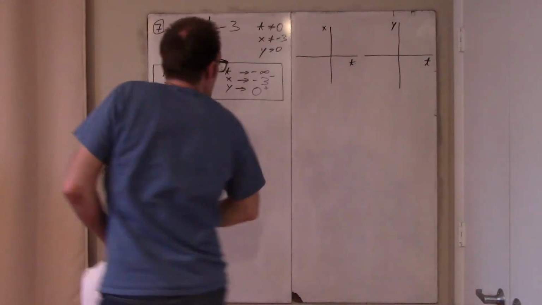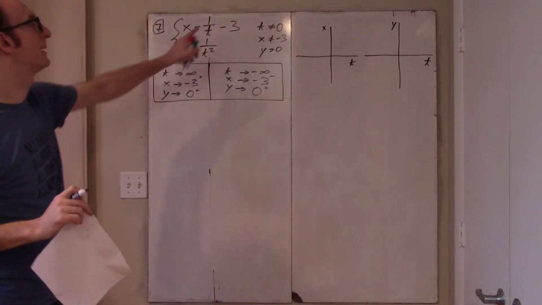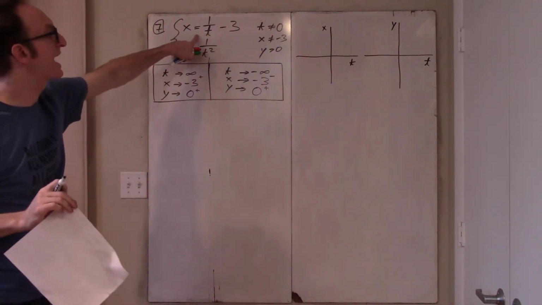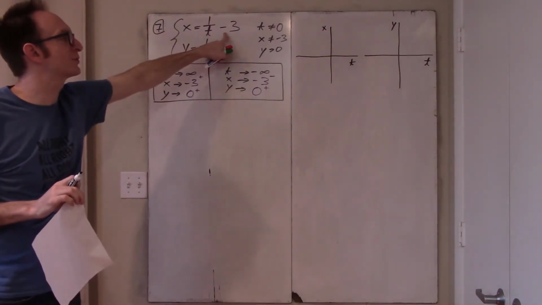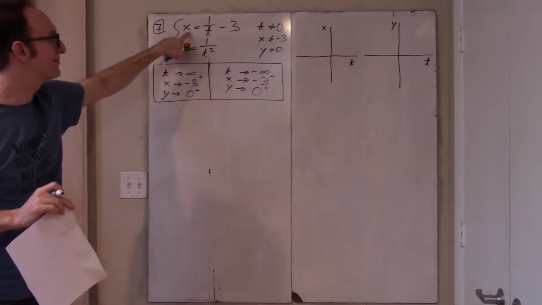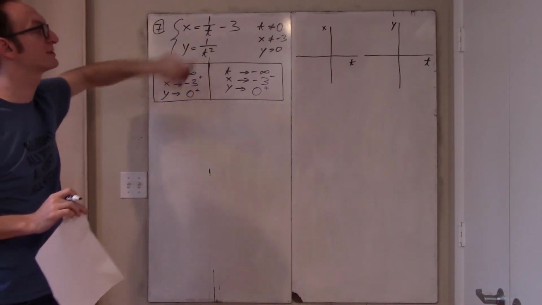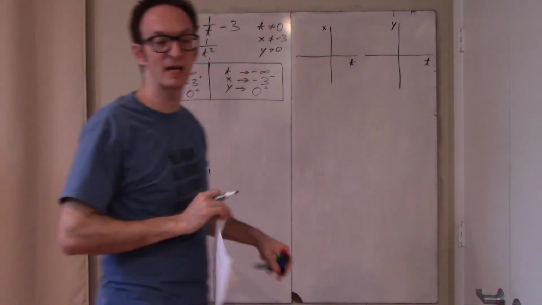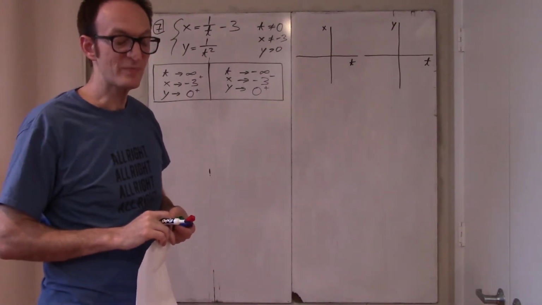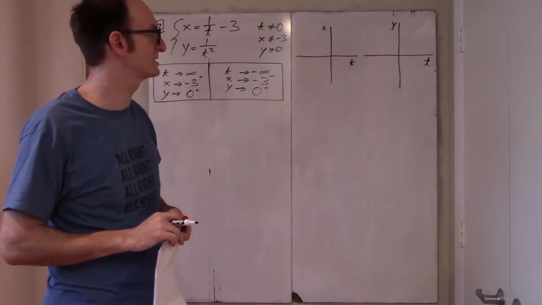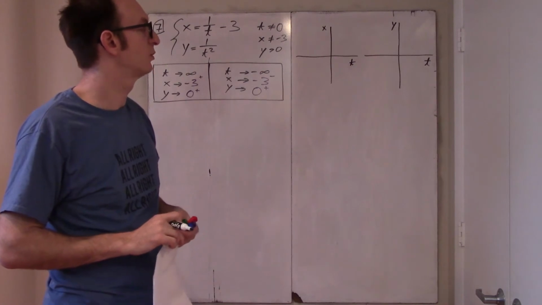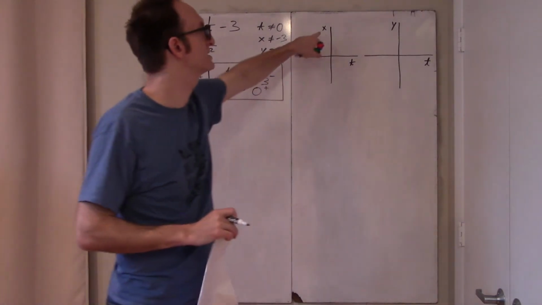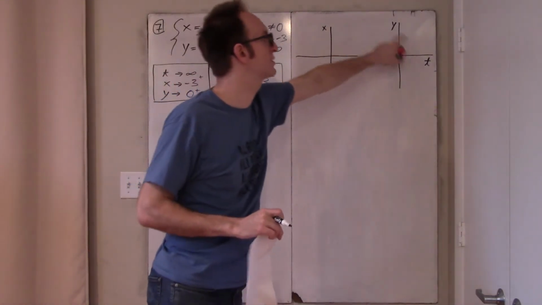In other words, you can lean on your knowledge about the 1 over t minus 3 function to make a picture of what the x-coordinate is doing as a function of t. I put t on the horizontal axis by default because t is the independent variable, and so we're looking at what happens to x based on t and what happens to y based on t.